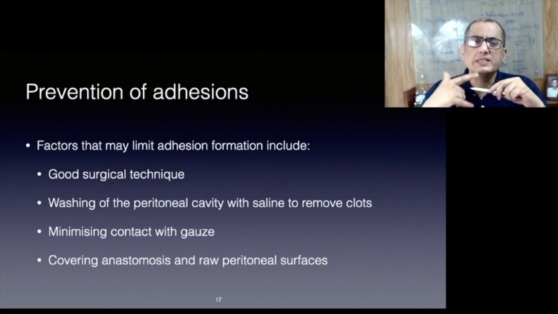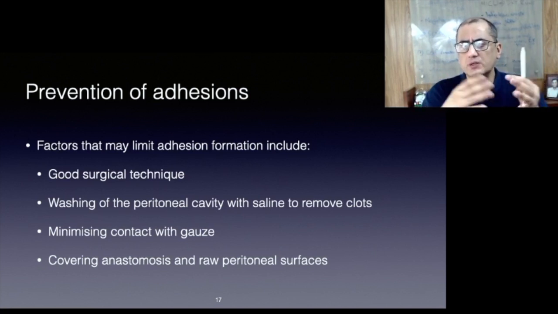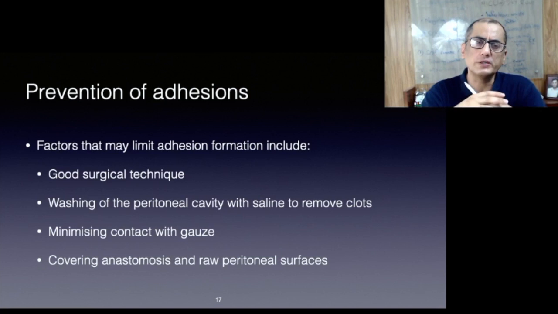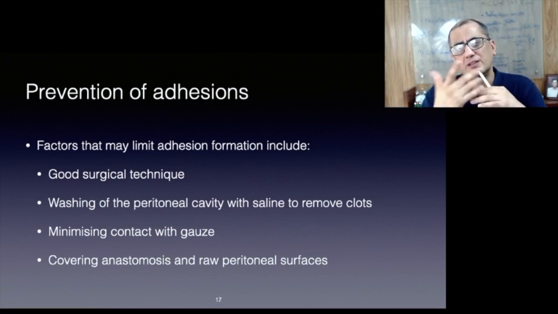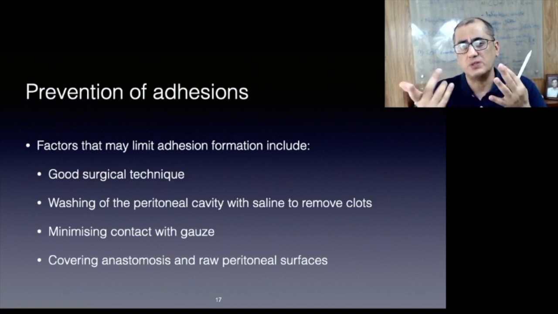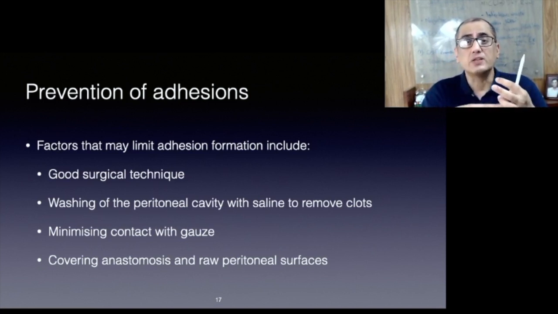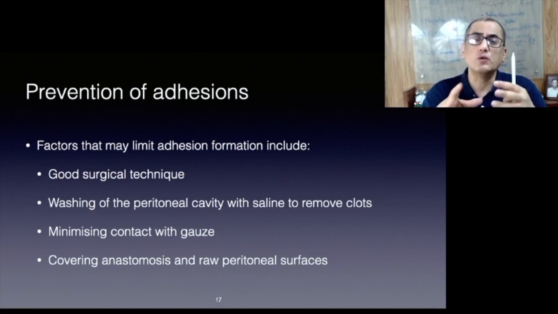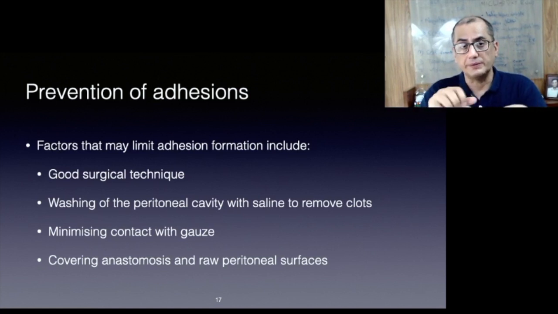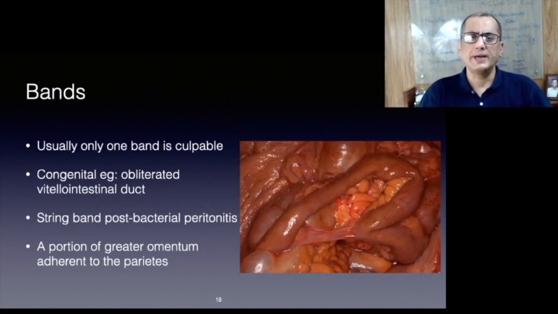Now, adhesions may be classified into various types by virtue of whether they are early, which is fibrinous, or late, fibrous, by the underlying histology. From a practical perspective, there are only two types: the easy, flimsy ones, and the difficult, dense ones. Postoperative adhesions giving rise to intestinal obstruction usually involve the lower small bowel and almost never involve the large bowel. Now, one band is enough to cause an obstruction.